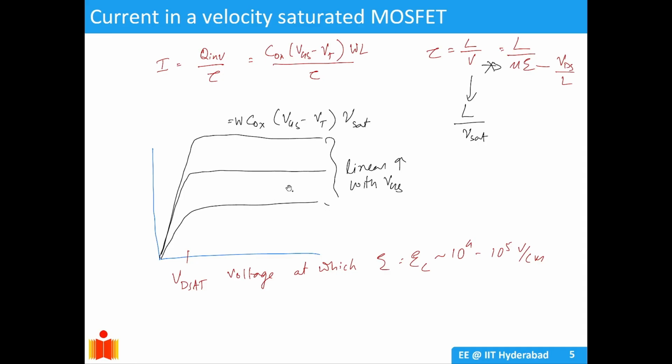So it comes out equal to W Cox (VGS minus VT) times the saturation velocity, and hence the increase in current becomes linear with VGS instead of quadratic with VGS.